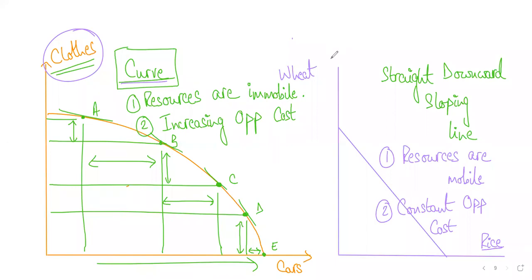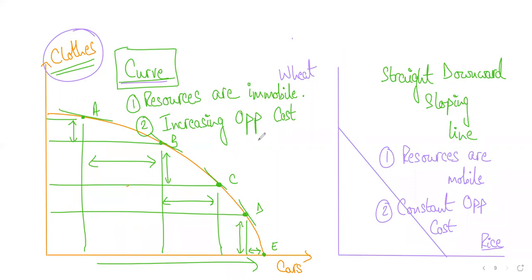Now, if you want a proof of that, we can do that, but that would take another class, and that is not exactly part of the syllabus, but we can totally do that if you're interested. But apart from that, what you need to remember is that there are 2 possible shapes of PPC. One is a curve.